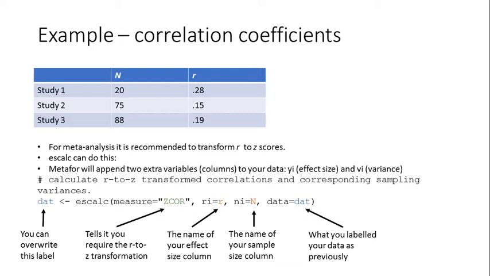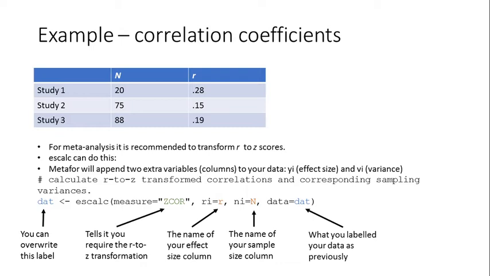So you've got this measure option, which tells you which transformation you're requiring. So ZCOR is the R to Z transformation. You'll need a column in your data. This is your original data up here.